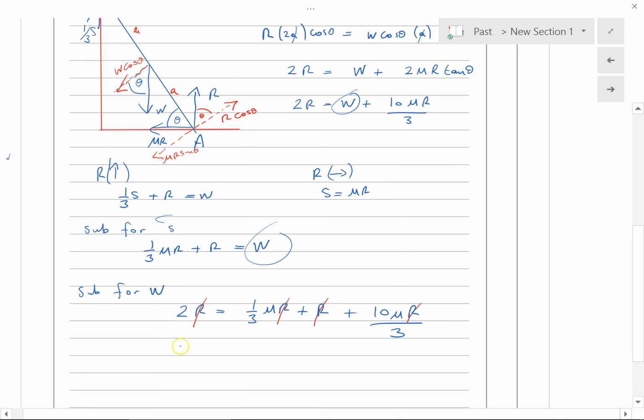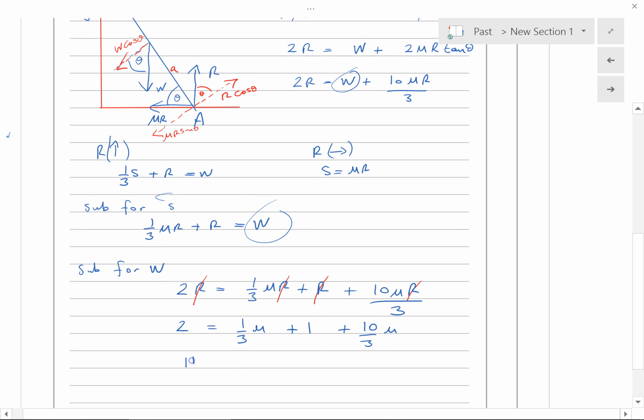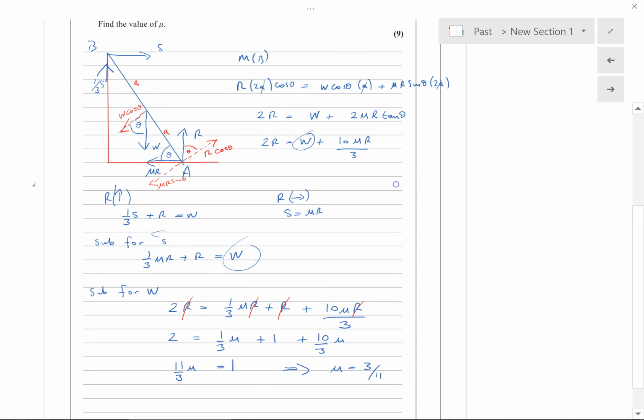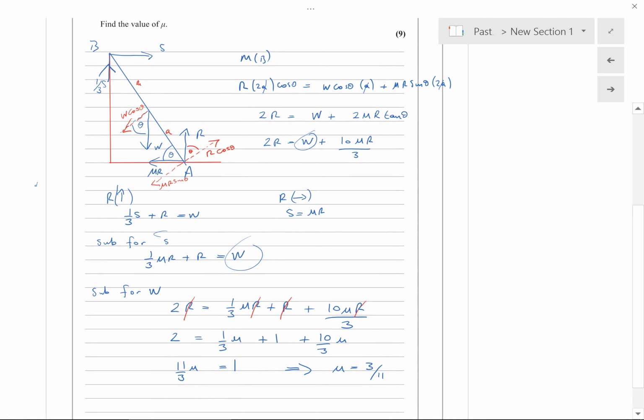So we've got 2 is equal to 1/3 of mu plus 1 plus 10/3 of mu. So that gives me 11/3 mu is equal to 1. So that gives me mu is equal to 3/11. Okay, and that's it. 9 marks. Okay, it's come out quite nicely.